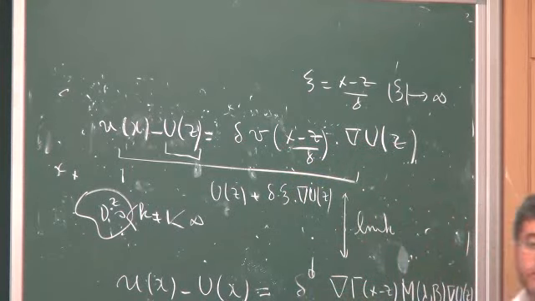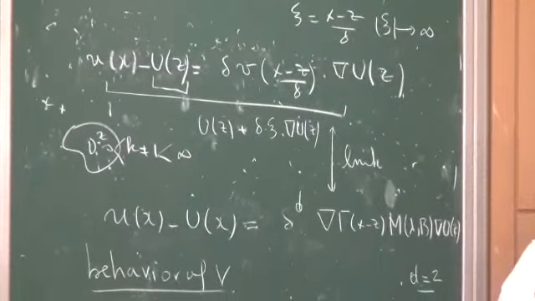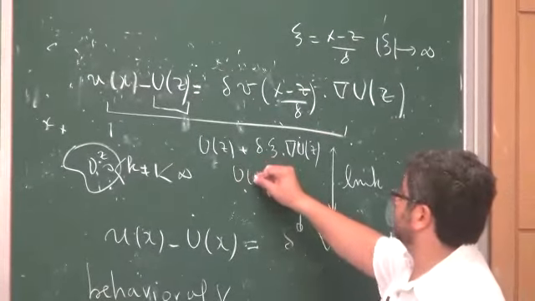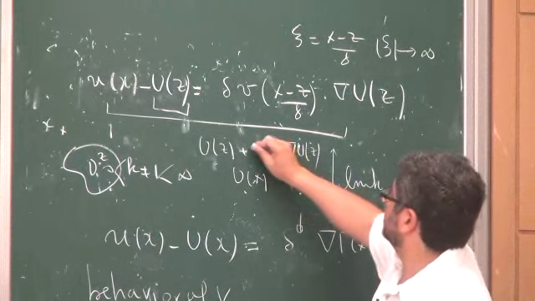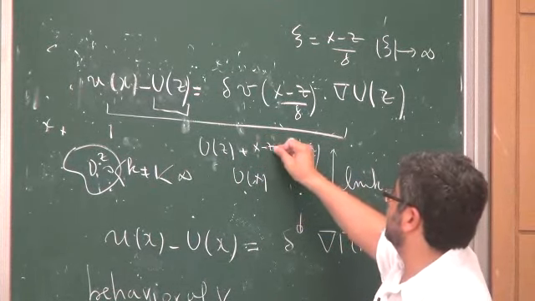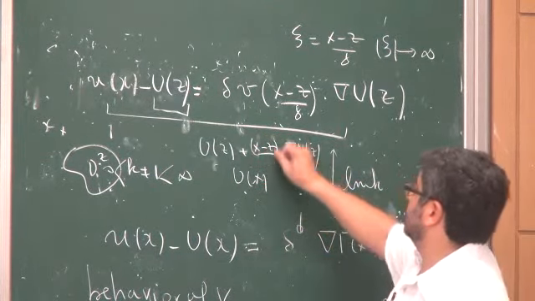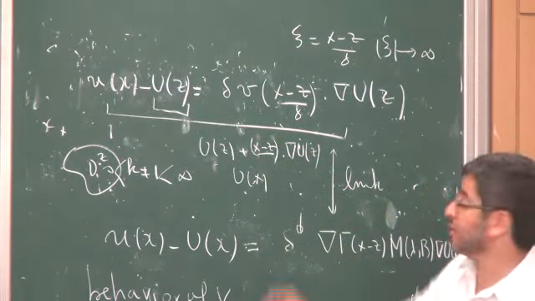This is the asymptotic expansion of u of x, where delta xi is x minus z.